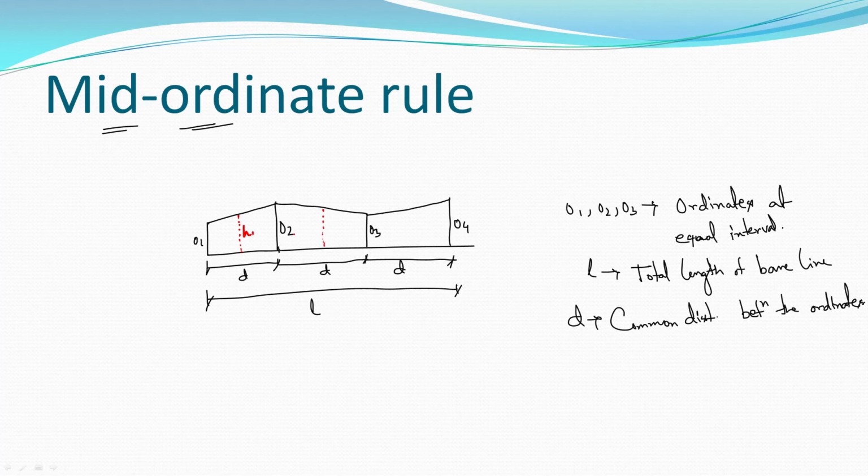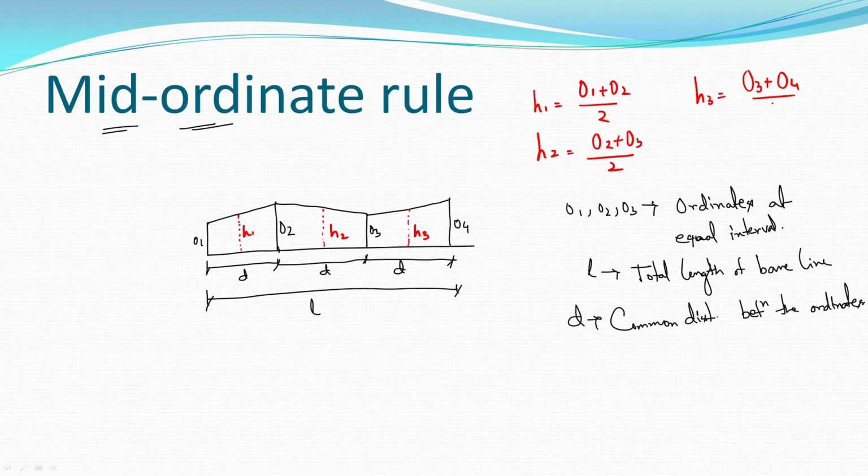This is the mid ordinate for the second zone, H2, and this is H3. So, H1 equals O1 plus O2 by 2. Okay, this is the average height. Similarly, H2 is equal to O2 plus O3 by 2, and H3 equals O3 plus O4 by 2. Okay. So, in this way we can determine the value of the mid ordinates.